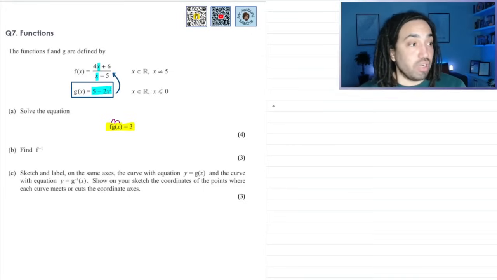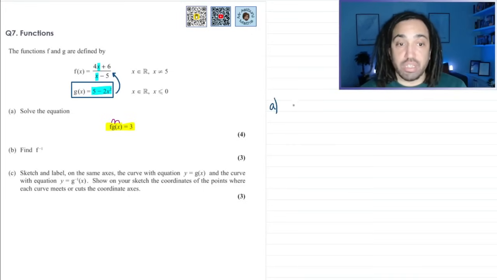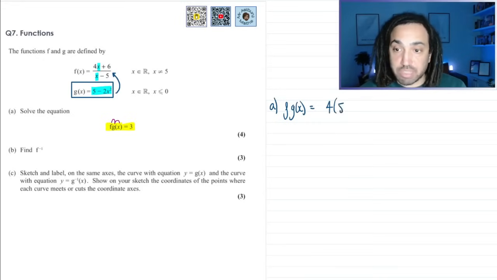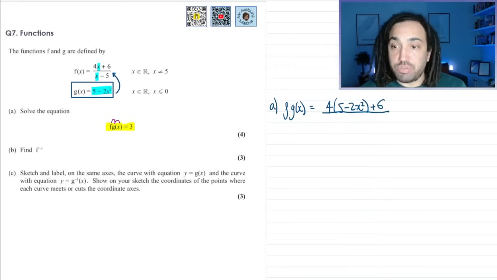Okay, so we can write for part A, f of g of x is equal to, so we're going to write out f of x, but every time we come to an x, we're going to replace it with 5 minus 2x squared, and then plus 6, and then that is all over, on the bottom, we've got x, so that's a 5 minus 2x squared, and then we have a minus 5.